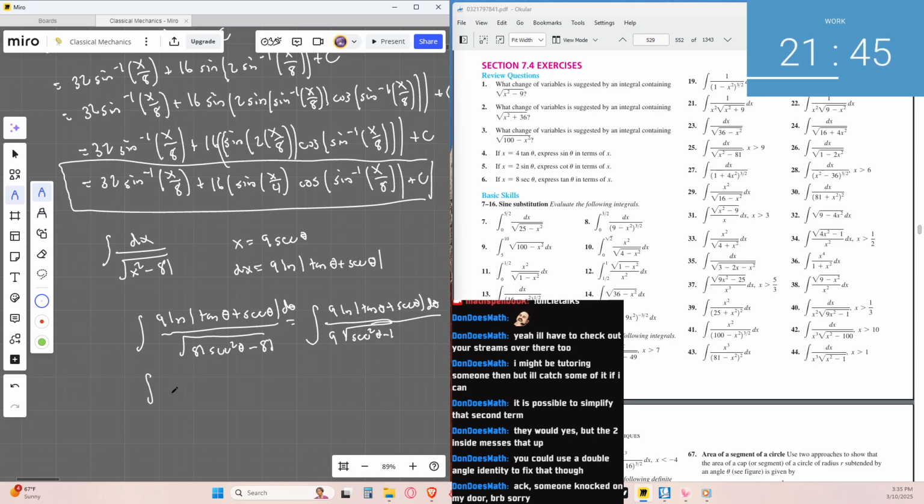Therefore, we got 9 over 9 secant, then tangent on the bottom here. Yeah, because then it will be tangent squared. Yeah, because 1 plus tangent squared equals secant squared.